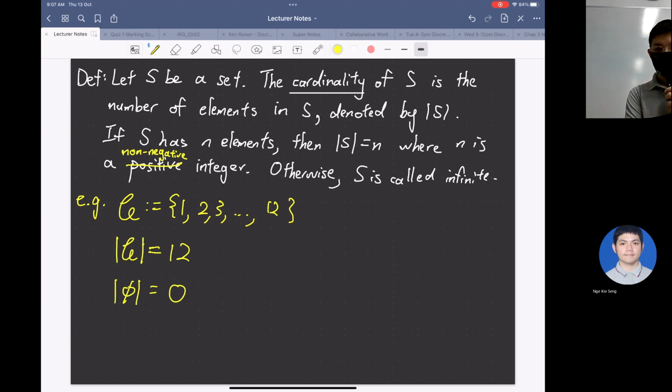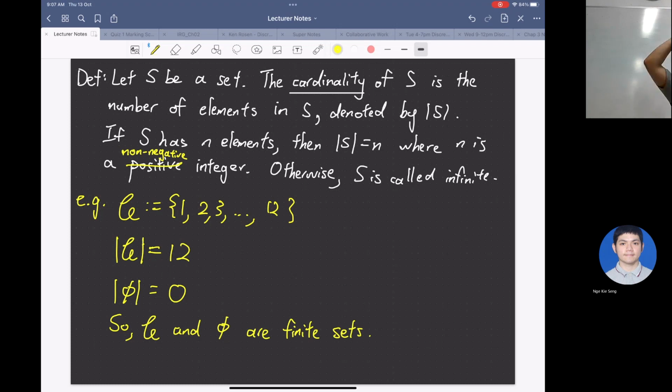So the clock numbers and the empty set are finite. So what are infinite sets? For example, the natural numbers, the integers, the rationals, the reals, and the complex numbers are infinite.